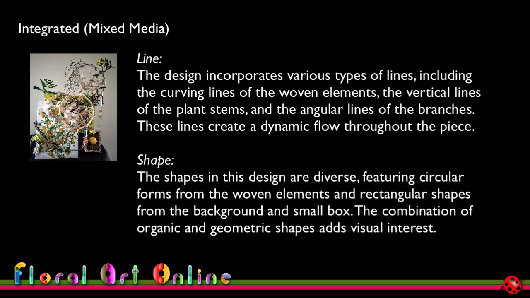Looking at line, first of all, the design incorporates various types of lines, including the curving lines of the woven elements, the vertical lines of the plant stems, and the angular lines of the branches. These lines create a dynamic flow throughout the piece. That's true. I guess my concern looking at it now is that it's just messy.